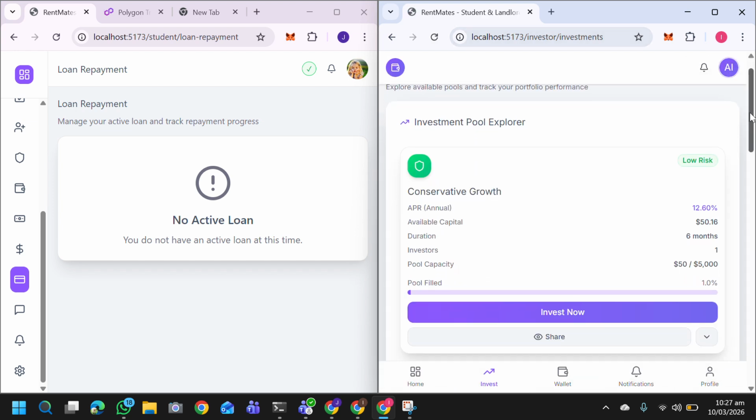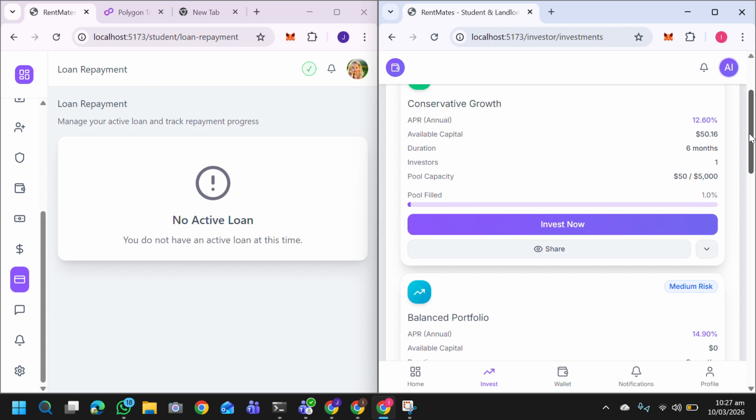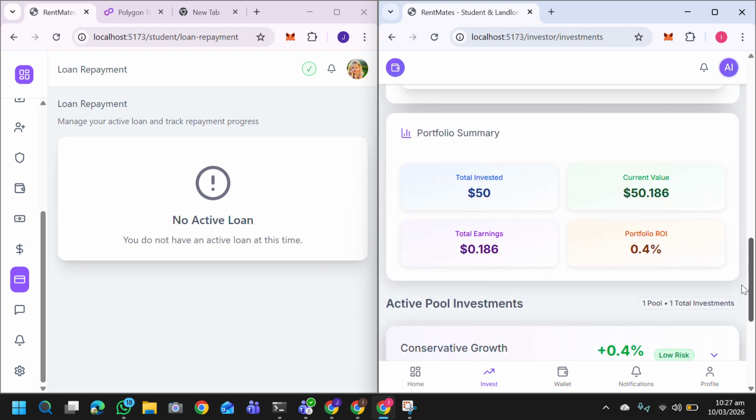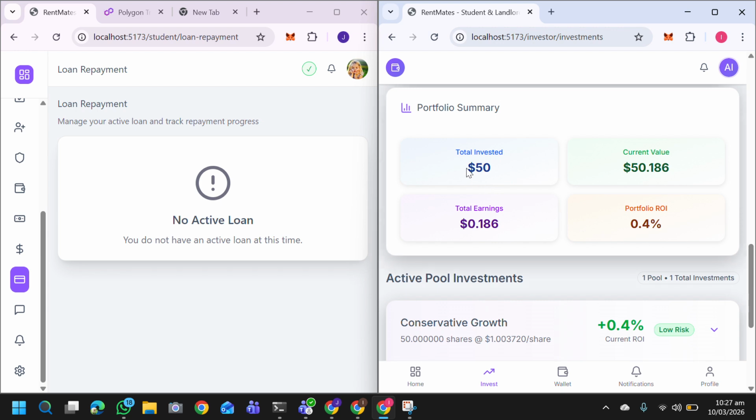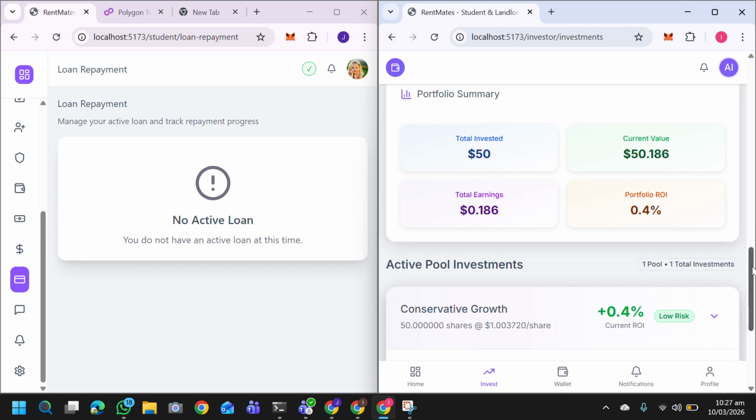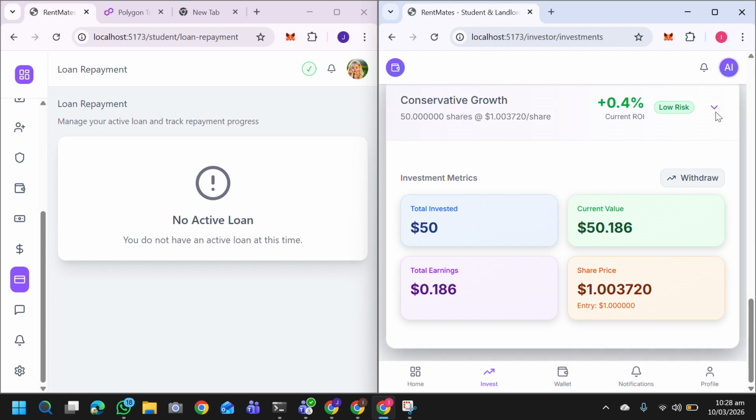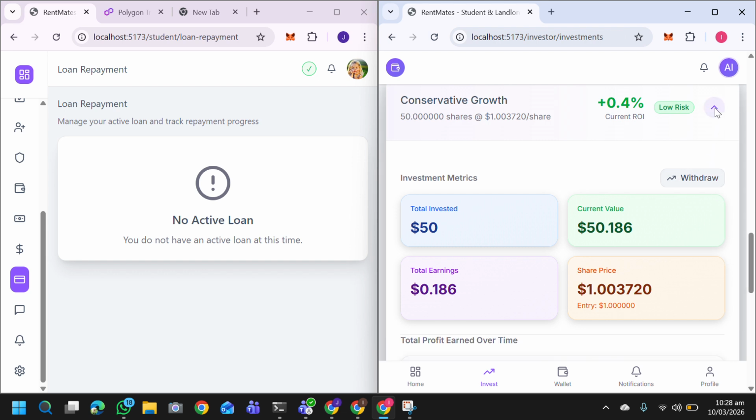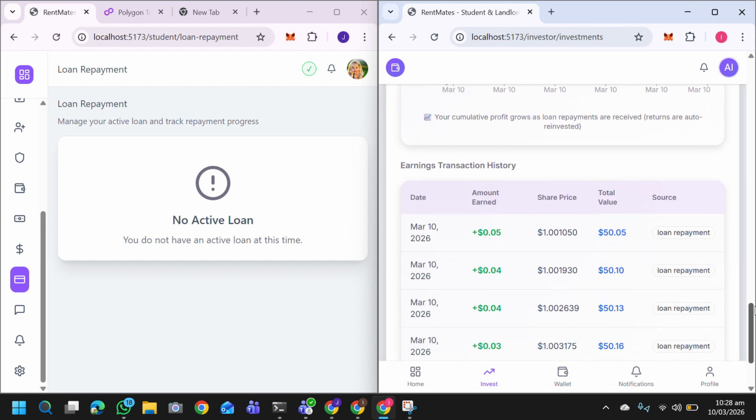Okay, so if we see over here, he had invested an amount of 50, right? And if we look over here, how much he has earned over time is exactly being shown.